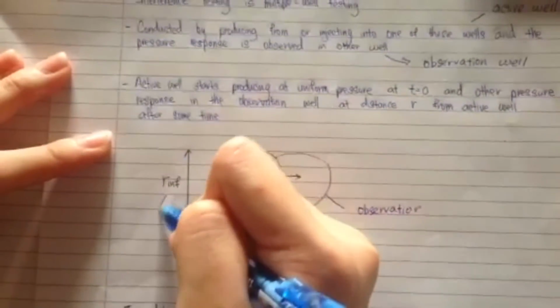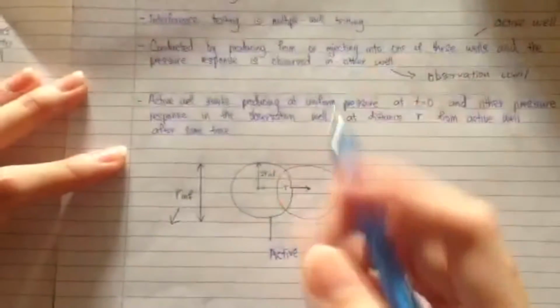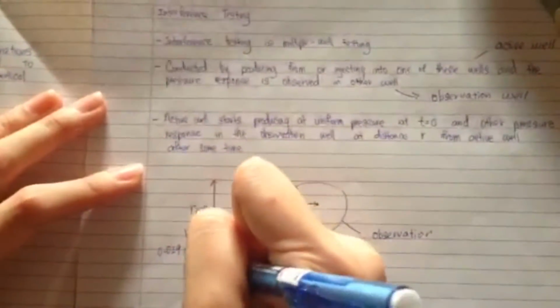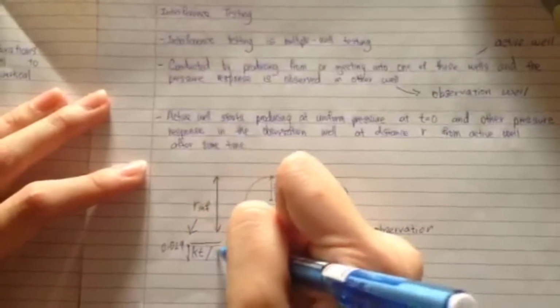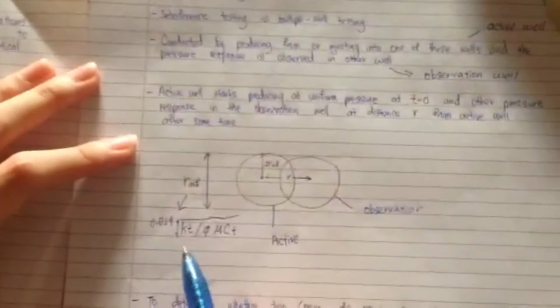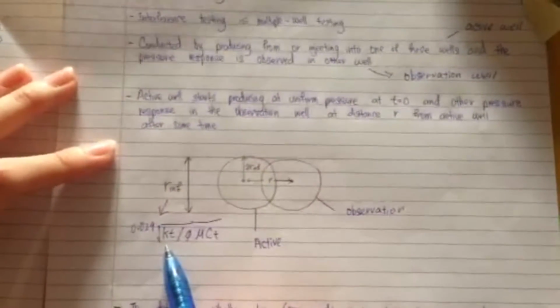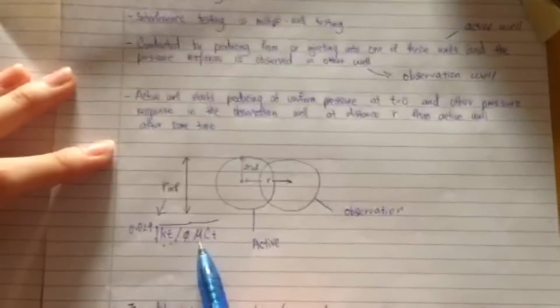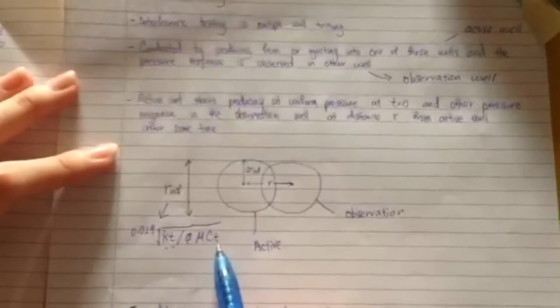The radius of interference can be calculated by this formula, with K the permeability, t the time, phi the porosity, mu the viscosity, and ct the total compressibility.